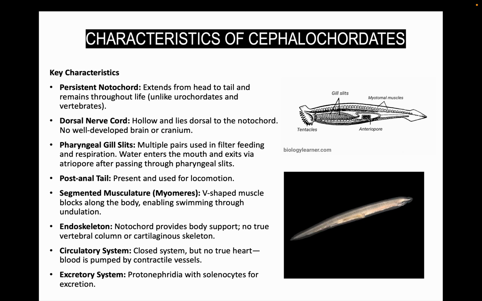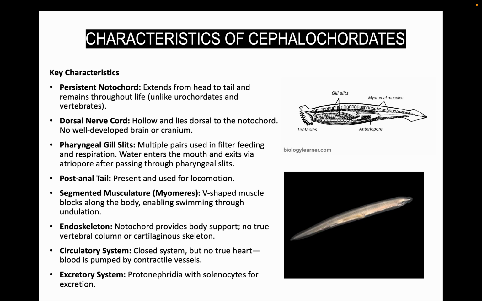Rather, the segmented myomeres allow the animal to undulate and move from one location to another. There is no bony skeleton that supports the framework of the animal. There's also no true vertebral column, unlike Vertebrata. No bony or cartilaginous skeleton is found.